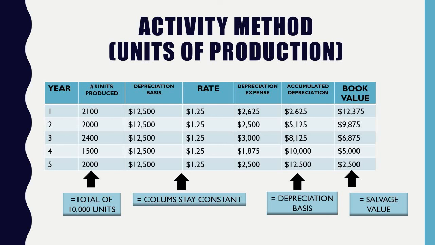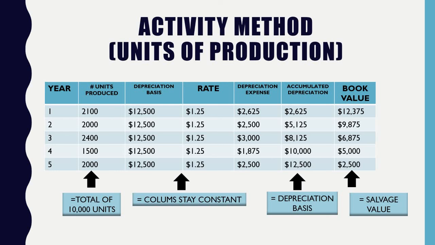Your maximum is producing exactly 10,000 units. Your depreciation basis and your depreciation rate, or per unit rate, stay the same, and of course your depreciation expense is going to change.